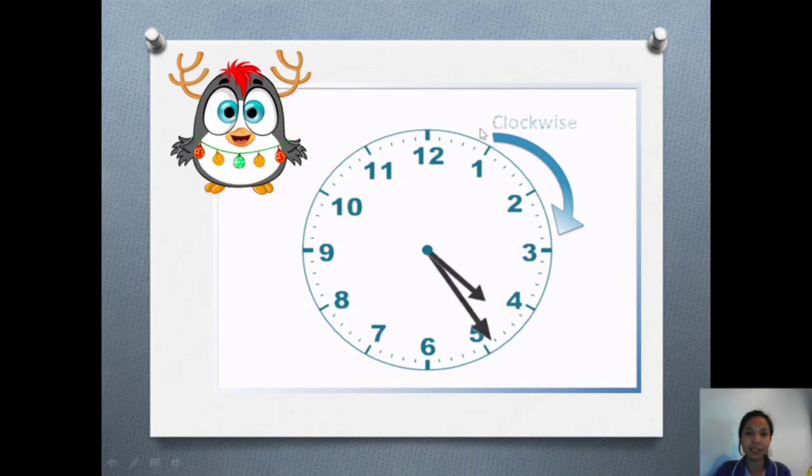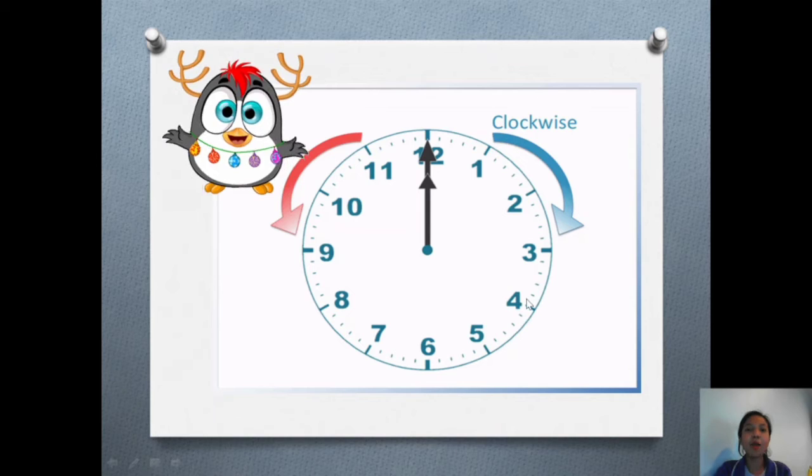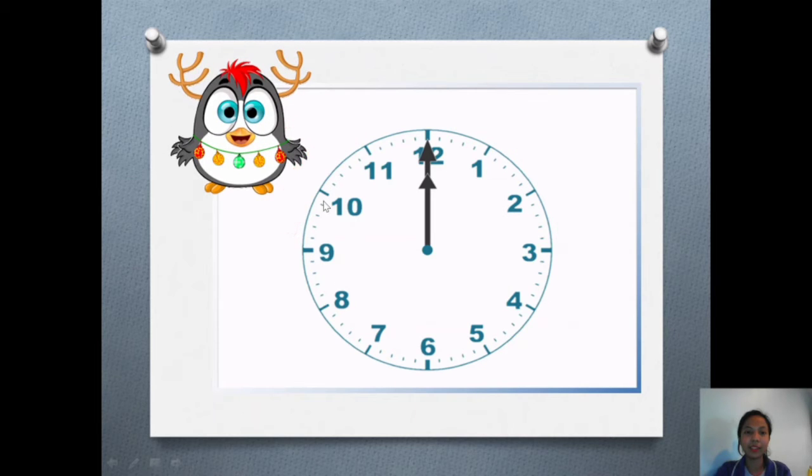Again, this is a clock. The short hand refers to hours. Let's say 1 hour, 2, 3, 4, 5, 6, 7, 8, 9, 10, 11, and 12.